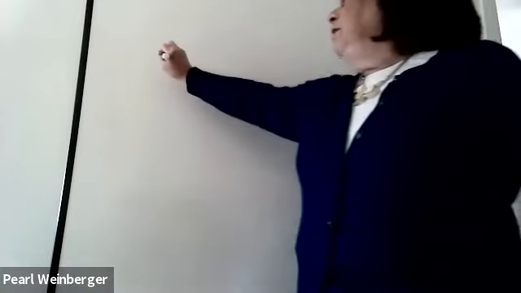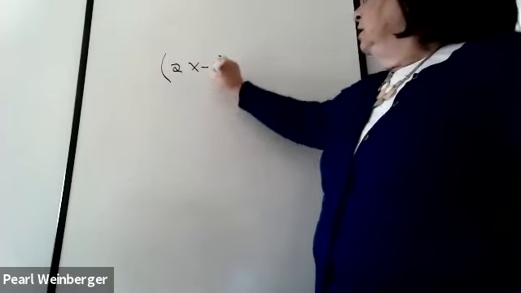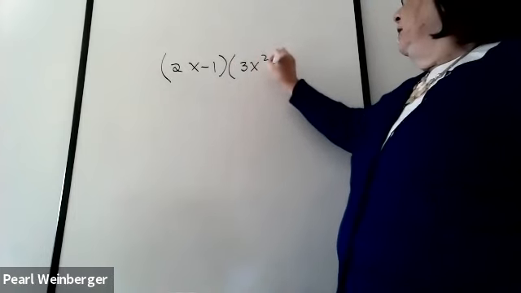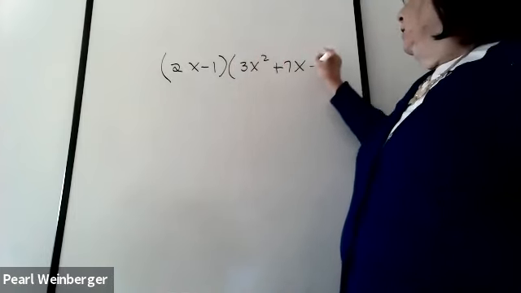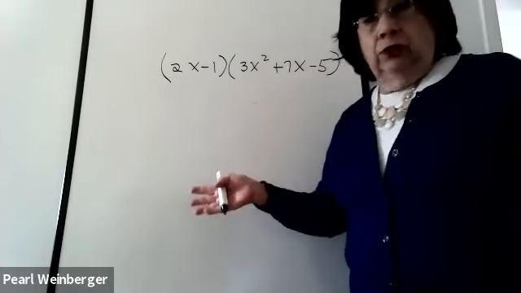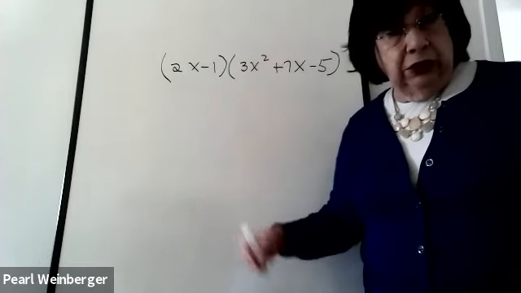What if I have 2x minus 1 times 3x squared plus 7x minus 5? What if it isn't just 2 binomials? What if it's something more complex? What if it has more terms than just 2?